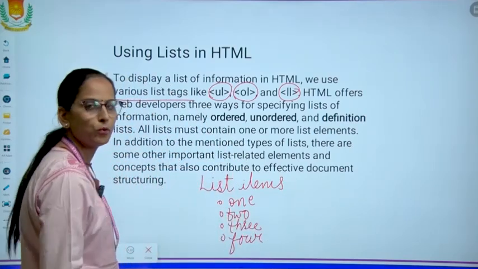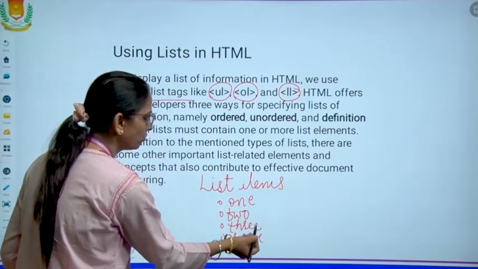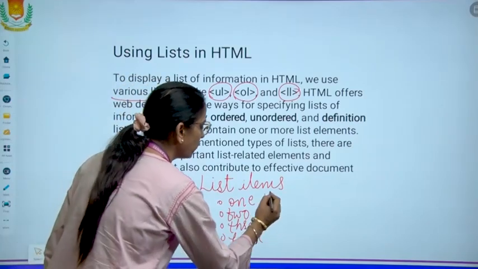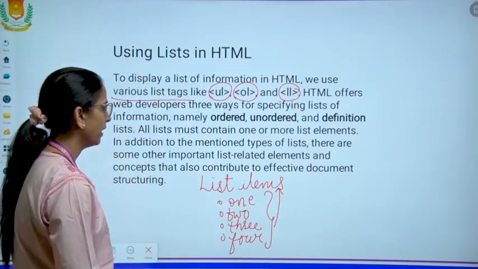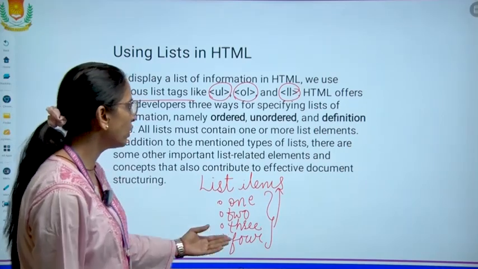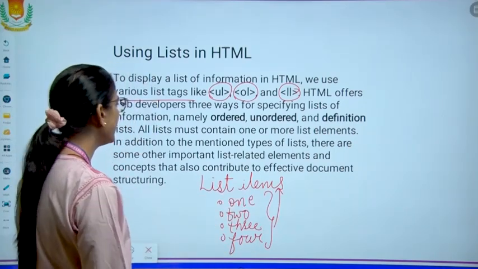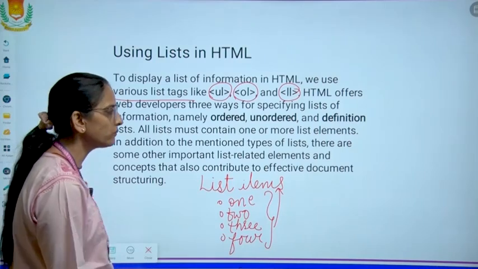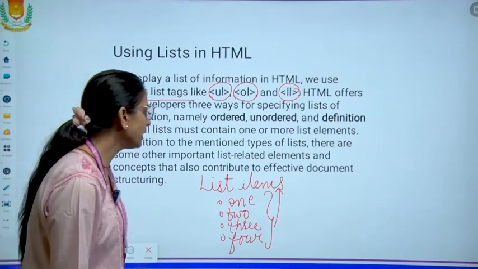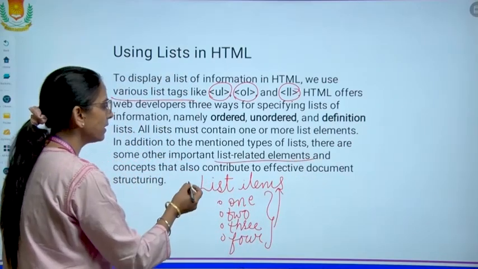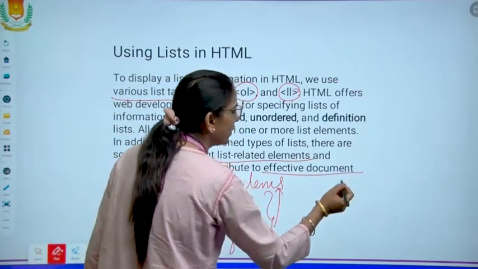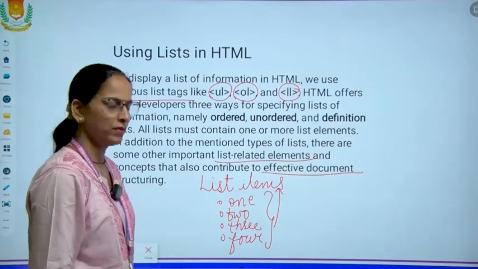So this is a bulleted list, and 1, 2, 3, 4 are the 4 list items. A list must contain one or more list elements, and in addition to the mentioned types of list, there are some other important lists related to list elements, and this is basically an effective way to display the contents.